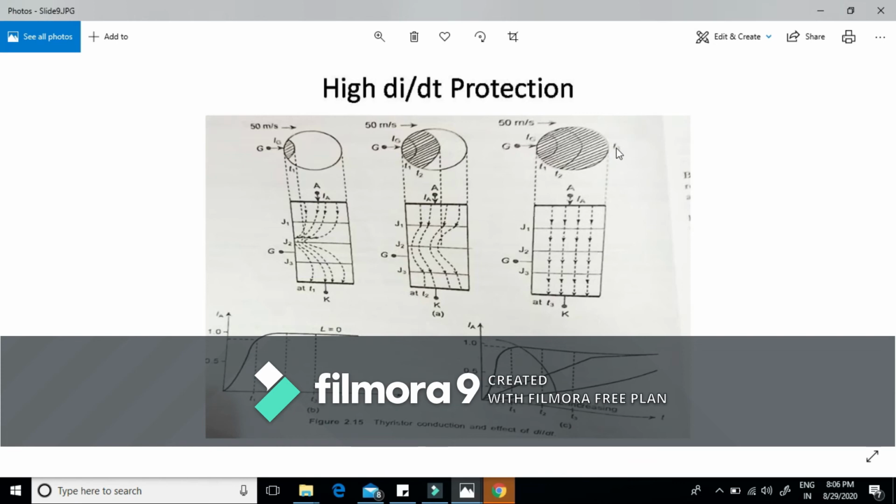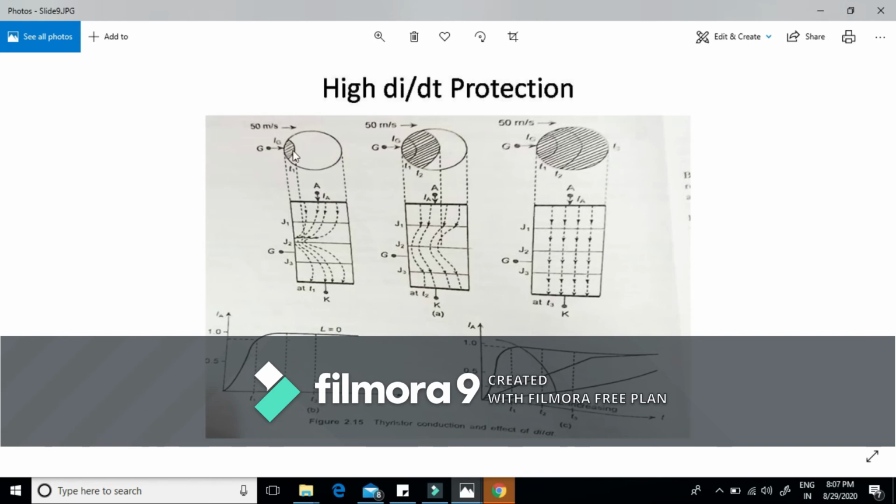And this is for the whole T3 part. Or we can say that this SCR turns on after some finite period of time. Firstly it's T1, then T2, and afterward when the whole cathode surface is involved, it takes some finite time for the turning on.